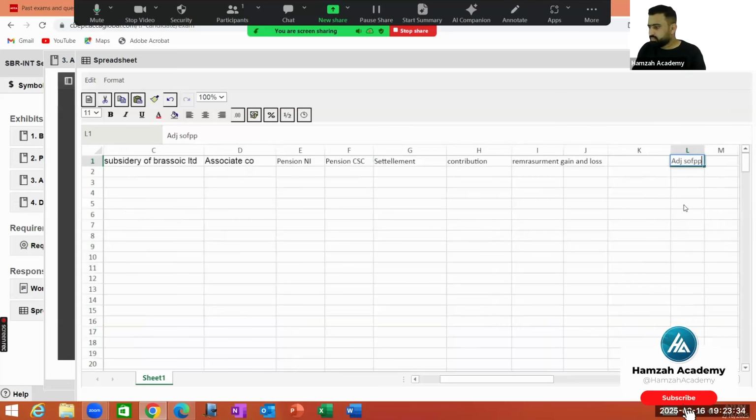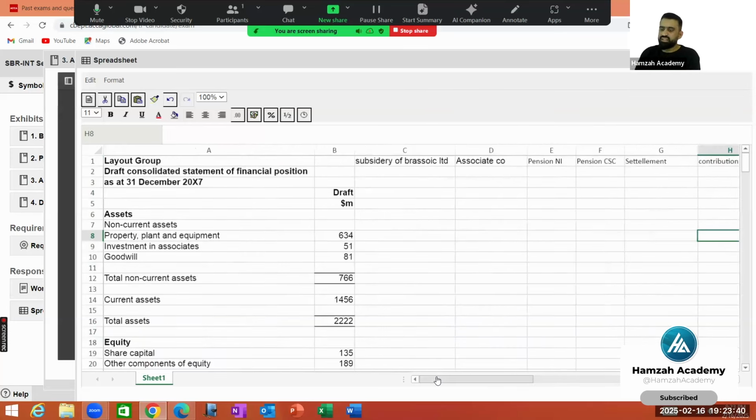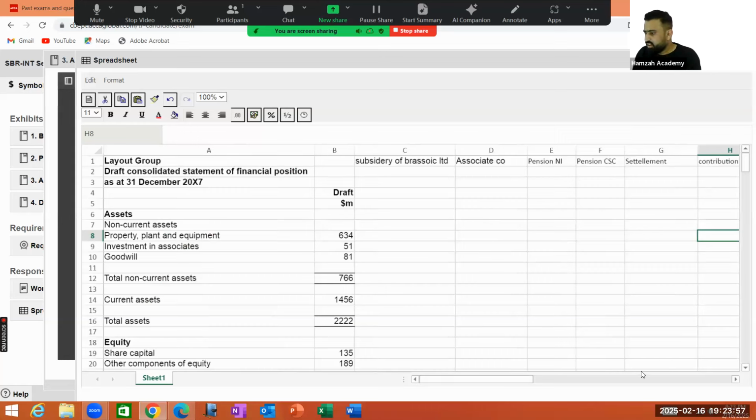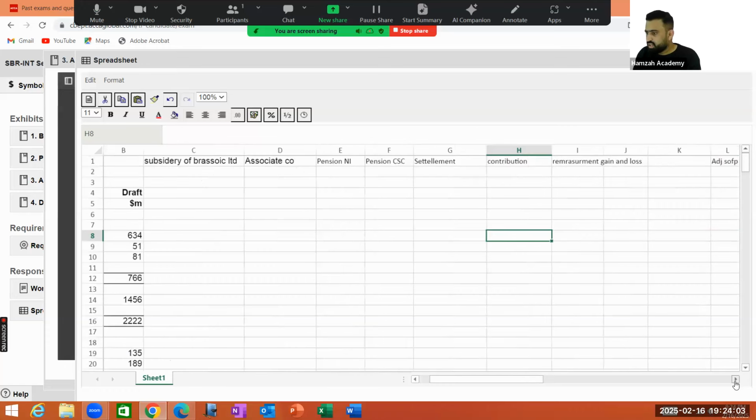Now, starting from exhibit number 2, that is the pension. The first thing you need to consider is that they have wrongly treated the contribution.